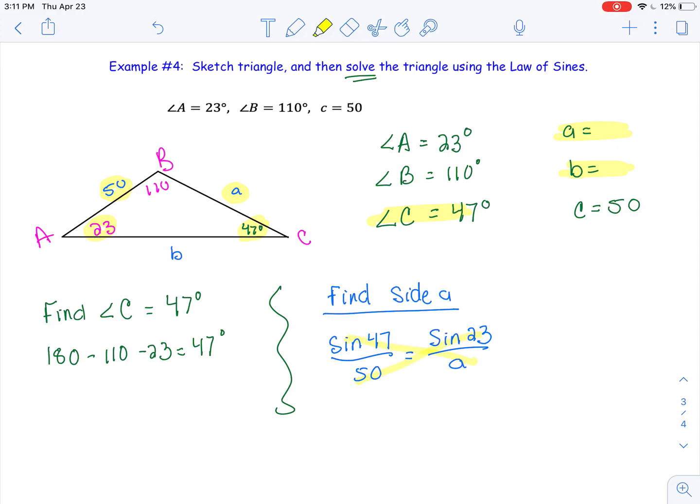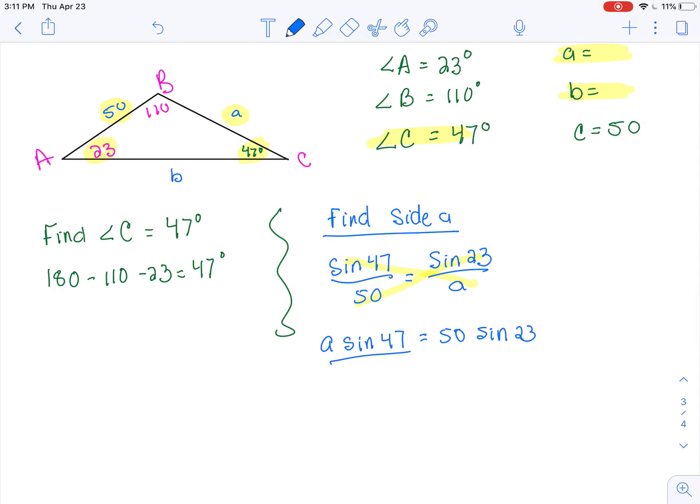I can cross multiply, so I get A sine 47 equals 50 sine 23. Divide by sine of 47. And I end up getting A is equal to 50 sine 23 all over sine 47.